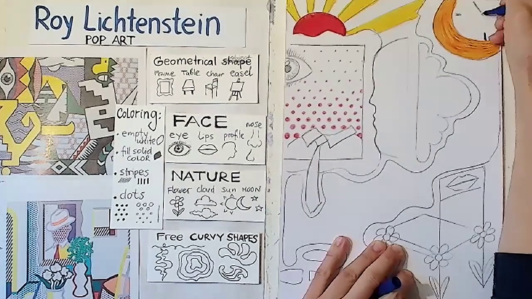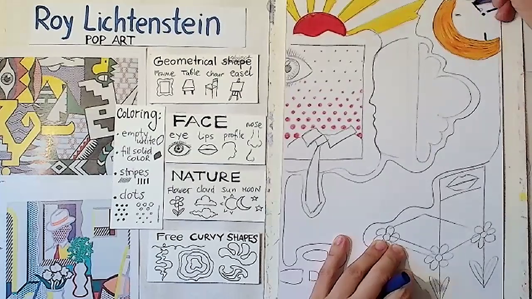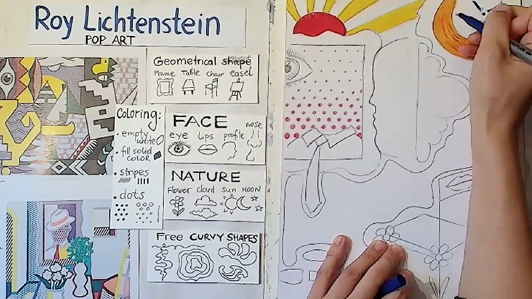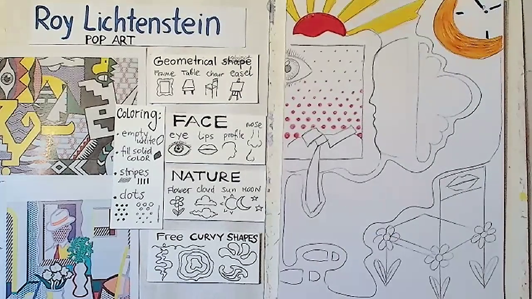So Van Gogh belongs also to modernism times, and basically modernism took 100 years between 1850 and more or less till 1950. And pop art is already after 1950, so it's after the abstract art.